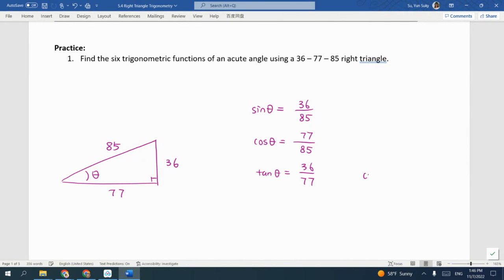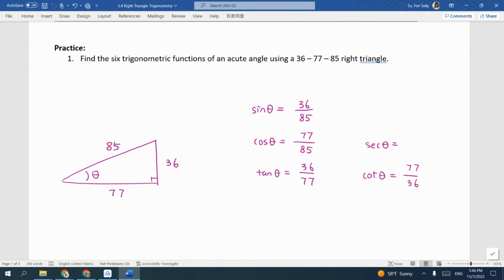Very good. How about cotangent? You remember cotangent is 1 over tangent, so the reciprocal is 77 over 36. How about secant?